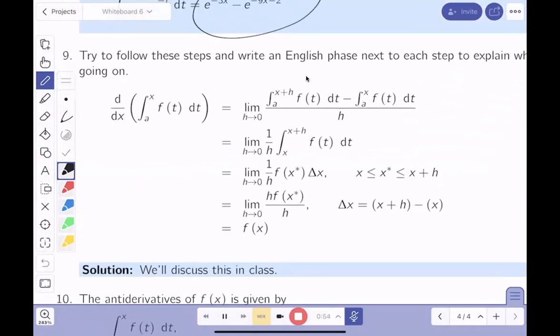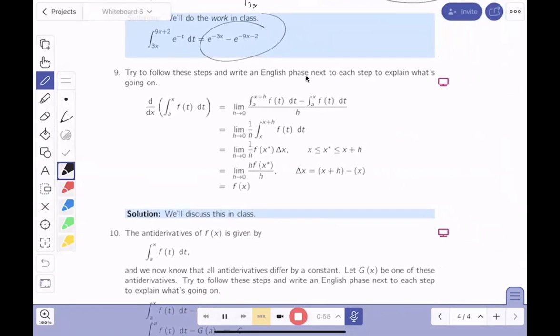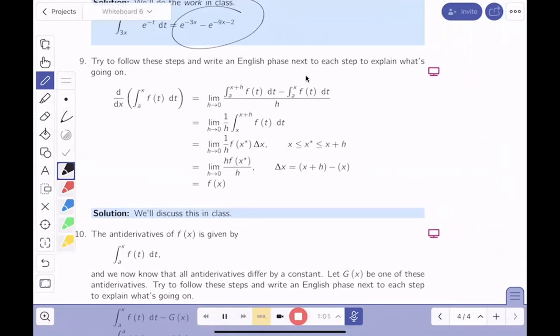All right, a little more difficult. And what I mean by difficult is that the reading of it can be tough. It just says, can you follow the steps and write in plain English what's happening over here? I know it's difficult, but the bottom line is let's just talk through the steps. So what are they doing over here?